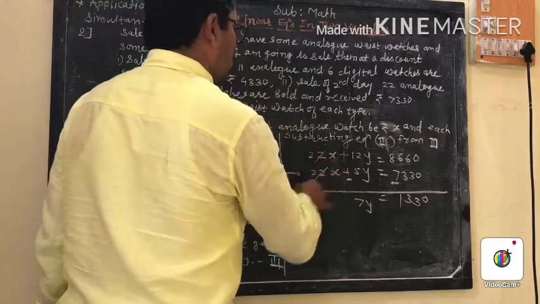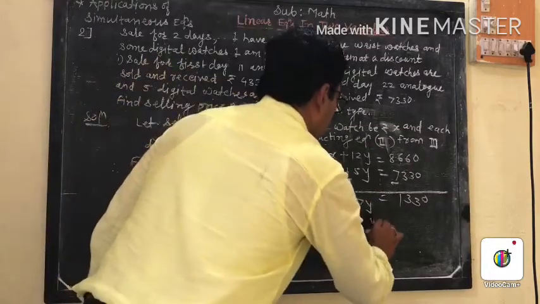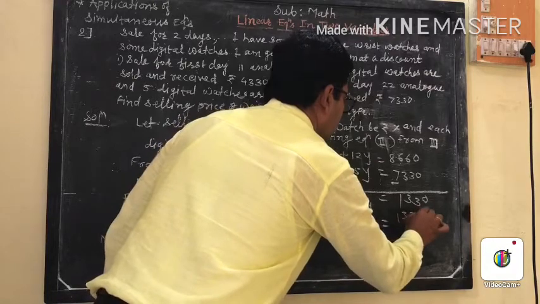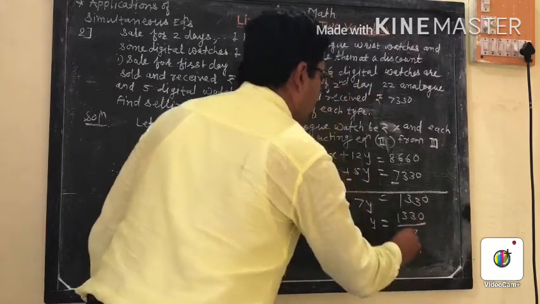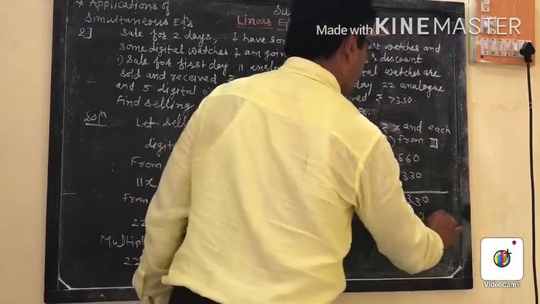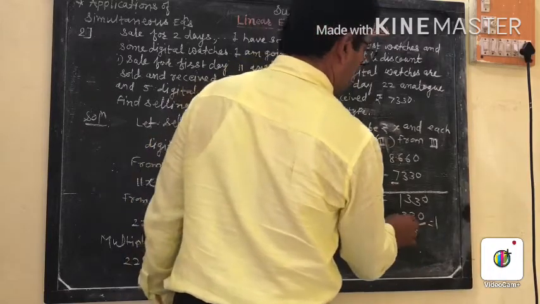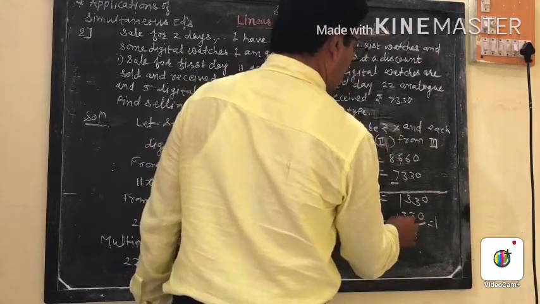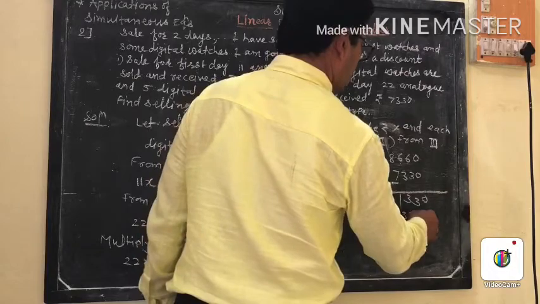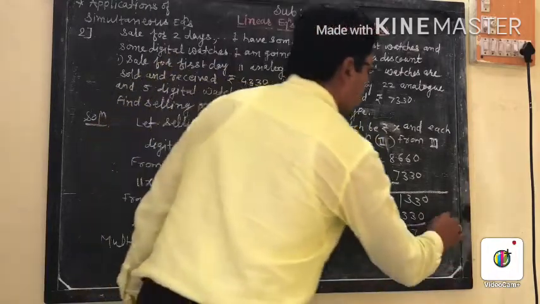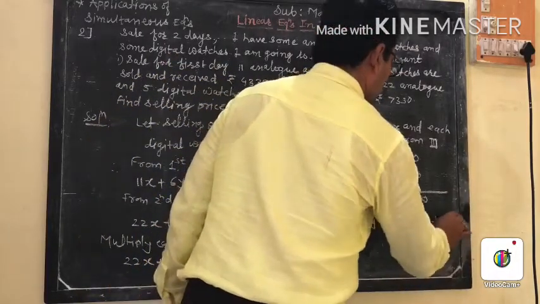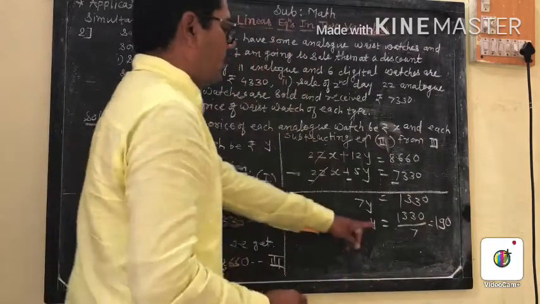Plus 22 minus 22 is 0. Therefore y is equal to 1330 divided by 7. If you divide 1330 by 7, you get the value of y is equal to 190.